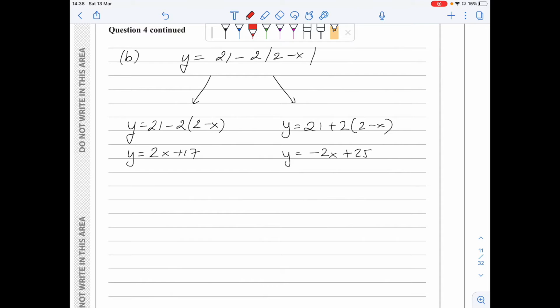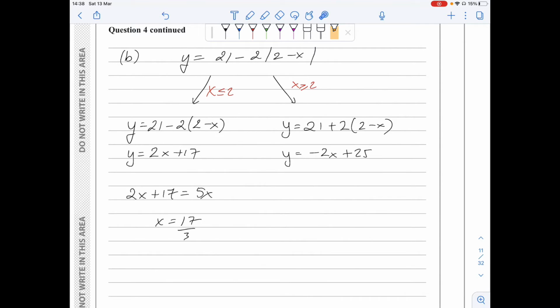So let me write that. This one is valid for x less than or equal to 2, and the other one for x bigger than or equal to 2. Obviously, when x is 2, both of these are equal. So 2x plus 17 equals 5x will give me an x value of 17 over 3.